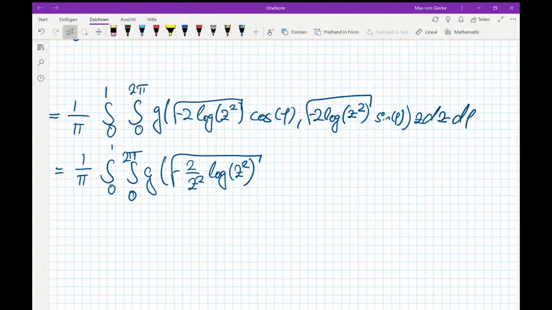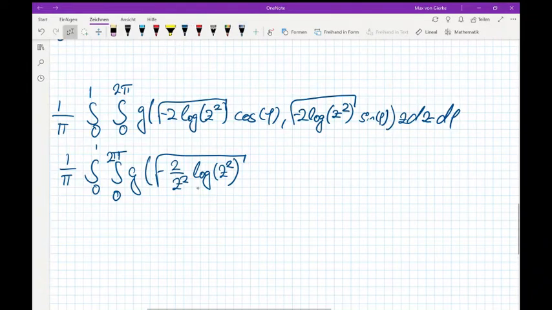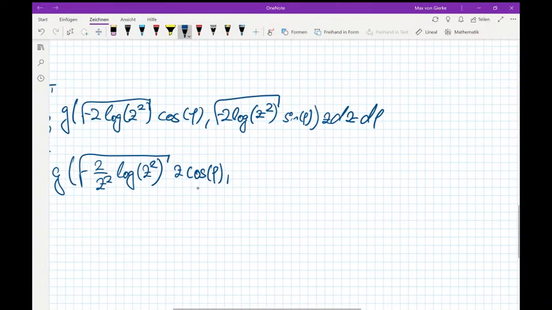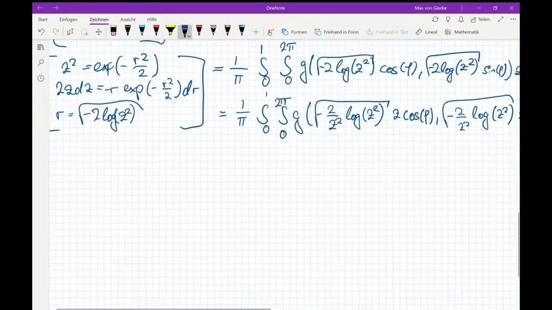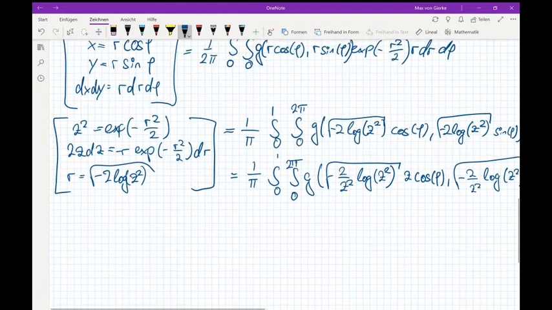But where do we get this z? We just insert another one here. And we do the same thing in the other argument, the square root of minus 2 log z squared sine phi, z dz d phi.